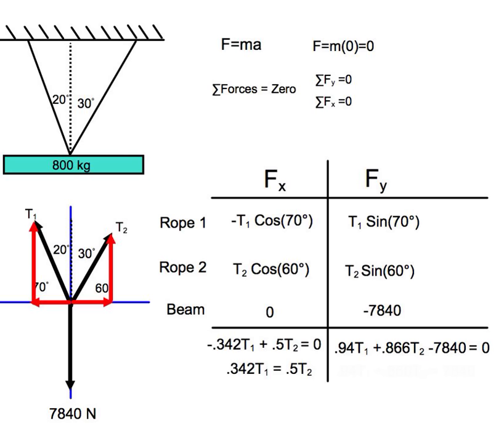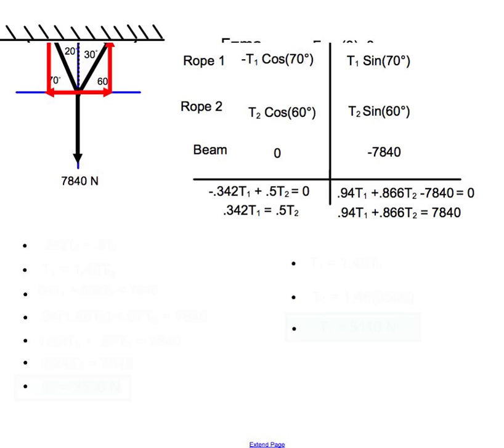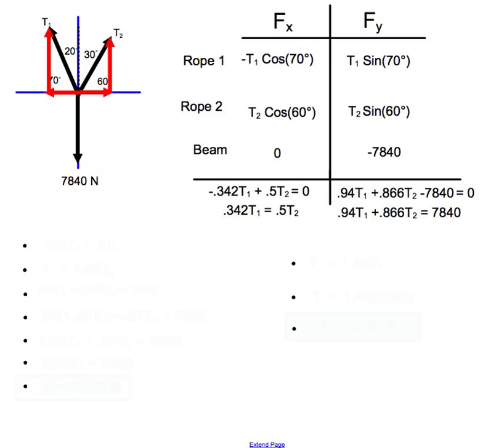If I move the 7,840 to the right side, I end up with 0.94 T1 plus 0.866 T2 equals 7,840. Now, what I want to do is solve for T1 and T2. That's the tension in rope 1 and the tension in rope 2.